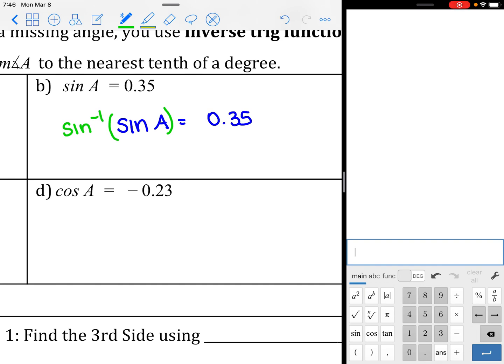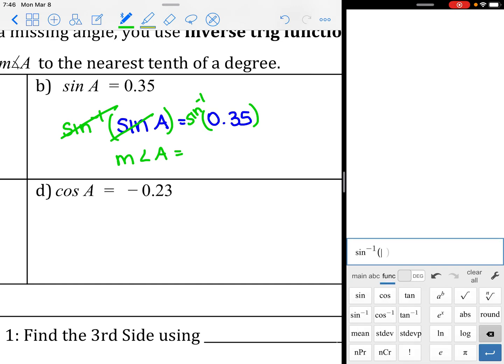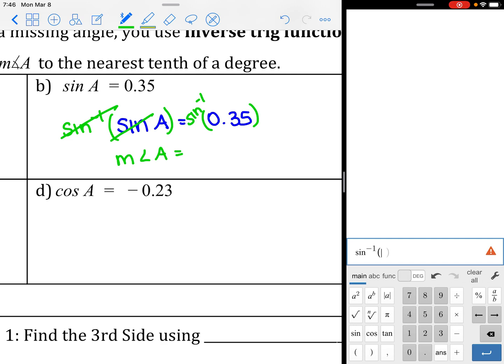So I'm going to use the sine inverse, and if I do it on one side, I have to do it on both. So to figure out what the angle is going to be, I use the inverse function, which cancels that out, leaves me with only the angle over here, and then I'm going to type this other side in my calculator. So I go to function, inverse sine, and then I type in that ratio, 0.35.